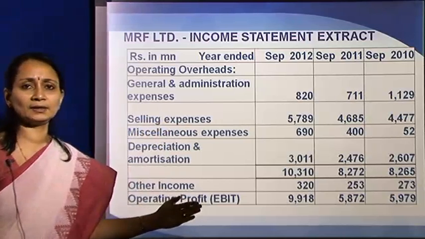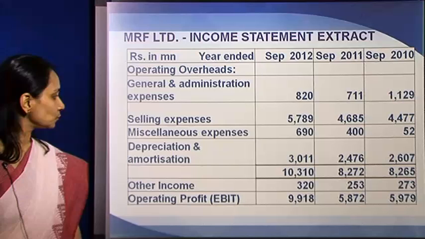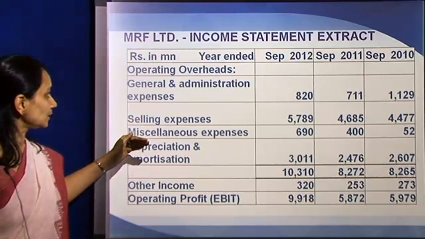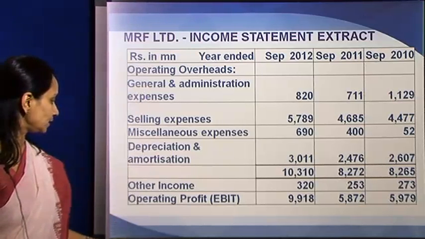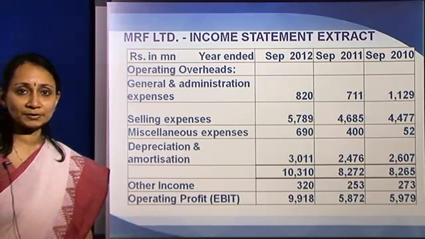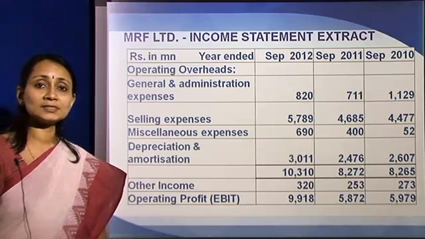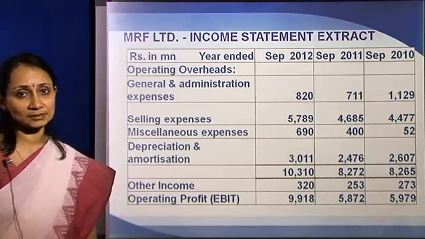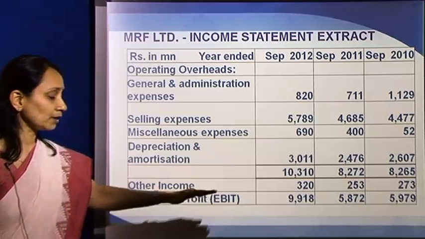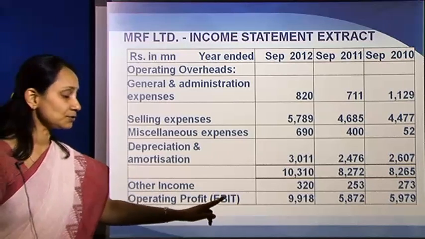This is typically maybe interest income earned from some investments. So when we remove indirect expenses or overheads and add the other income, we arrive at operating profit, also known as EBIT, that is earnings before interest and tax. So at this stage we have considered all expenses except interest and tax.